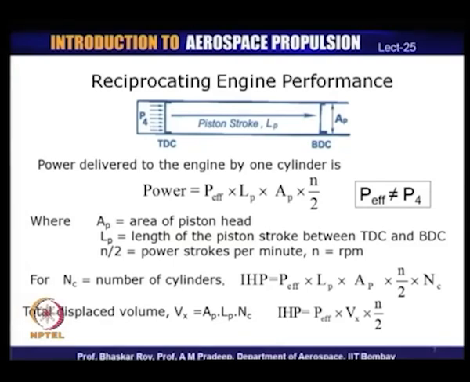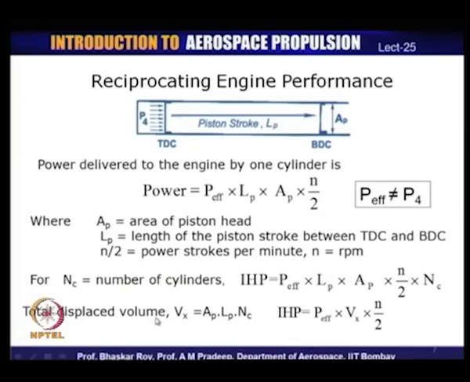The total volume displaced, which we were talking about a while earlier, is now given in terms of area of the piston head, the length of the stroke into the number of cylinders. That is the total displaced volume, which is often quoted as the engine capacity.